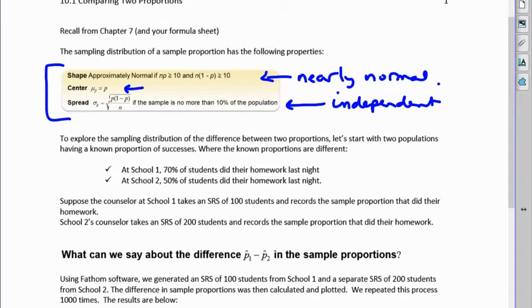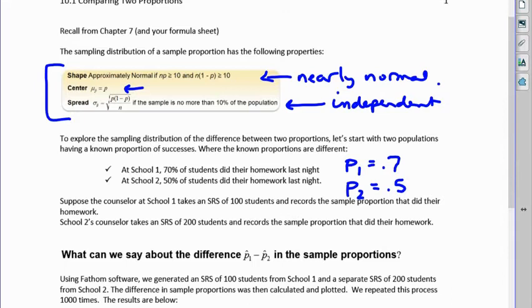At school 1, 70% of their students did their homework last night. So we would say population 1 is 0.7. Notice how I'm using a subscript to show my groups, and population 2 is 0.5.